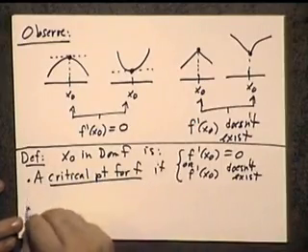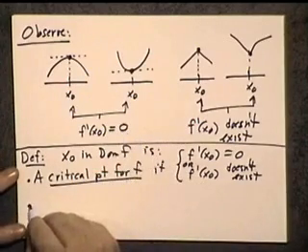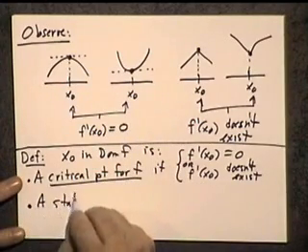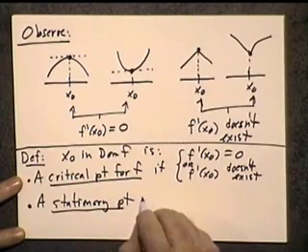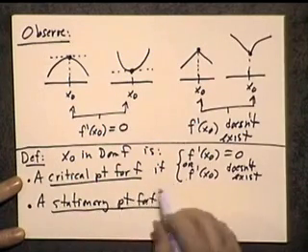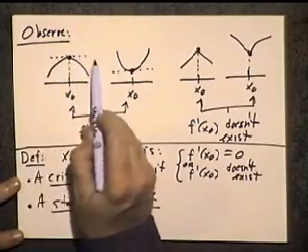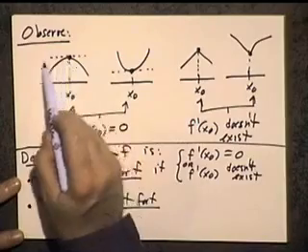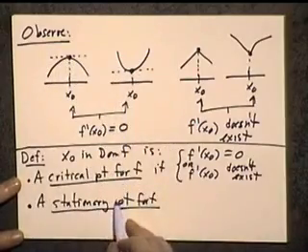for the function. Now, the ones on the left are particularly nice, so they're going to have a special name of their own. A stationary point for f. And you can see why we're going to call it a stationary point, because if you imagine putting a ball up here on this tangent line, it's not going to go anywhere. It's going to remain stationary. Same thing here, because the line is horizontal.